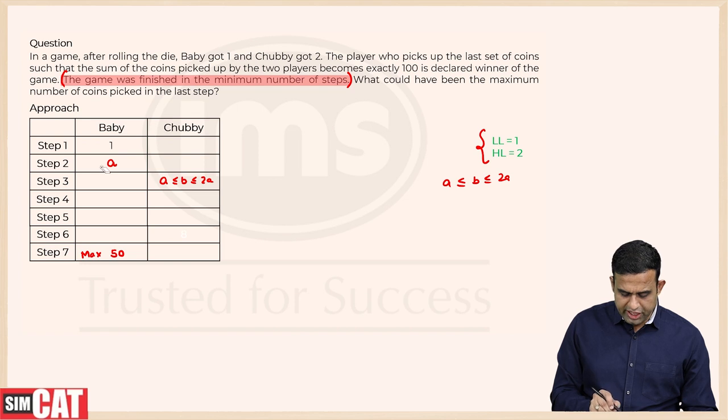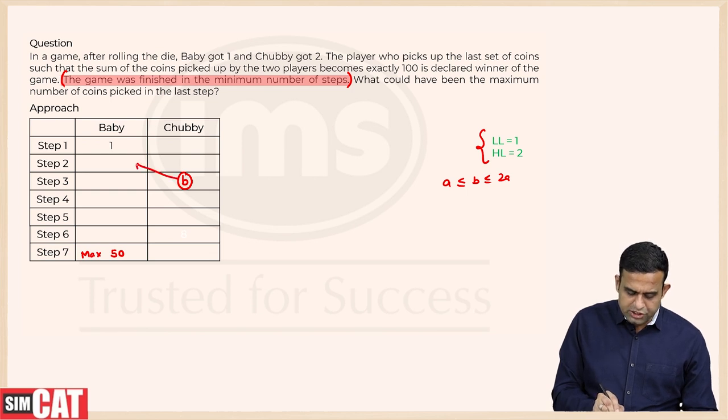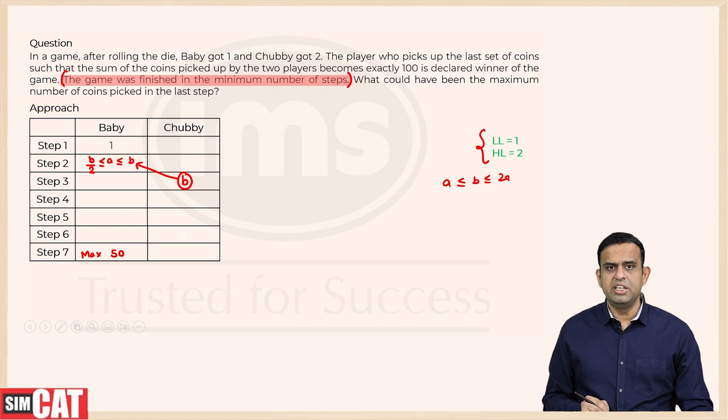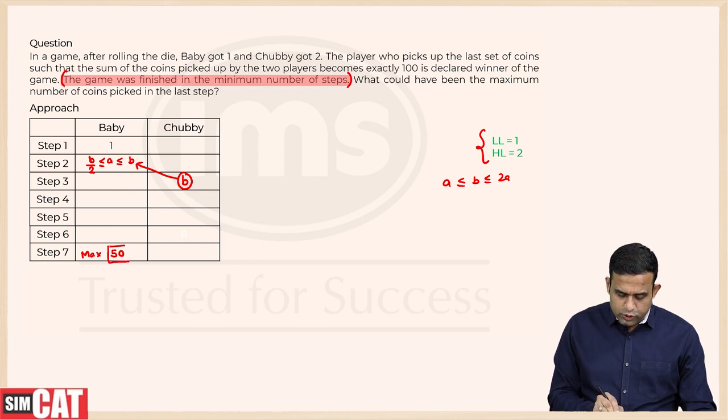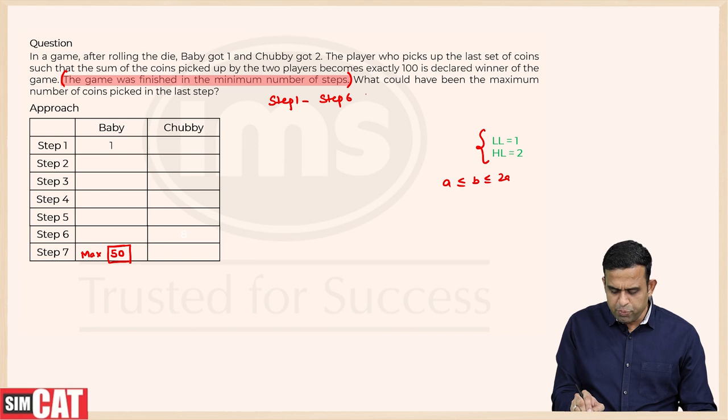Now what if I want to say it in a reverse way: if this particular number is B, then the lowest value which I can pick in the previous step should be at least half of that, and the max value for A could be the same as the value of B over here. So if I go with this particular logic, please understand, if I pick 50 coins over here, then what I want to see is that the sum of the coins from step number 1 to step number 6 should be at least 50.